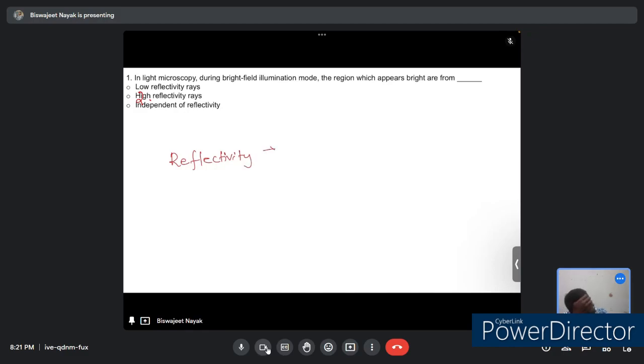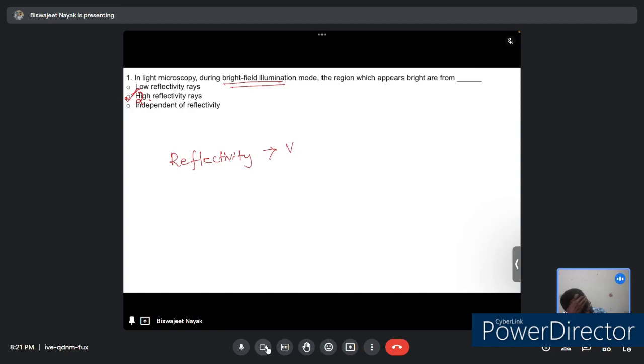So during bright field illumination mode, the regions which appear bright are from high reflective rays. But in the case of dark field illumination, it will be the reverse case.